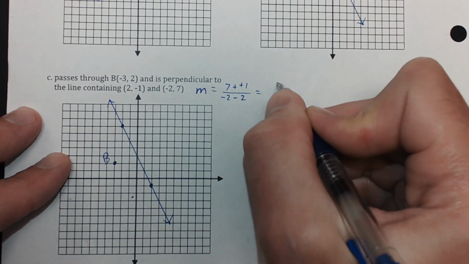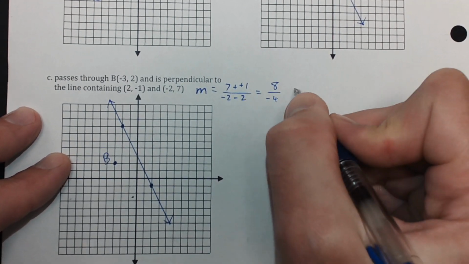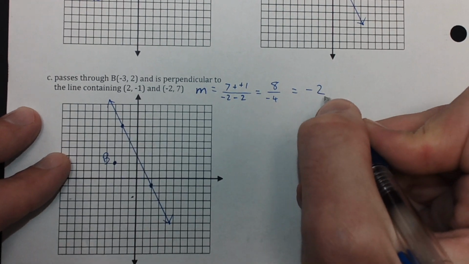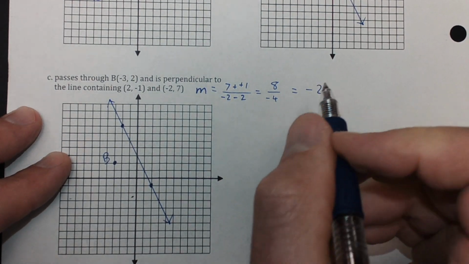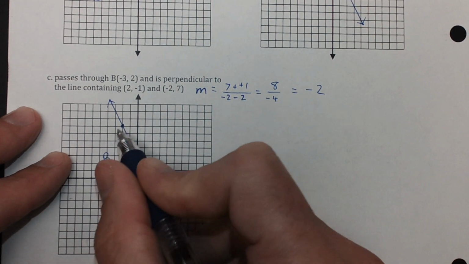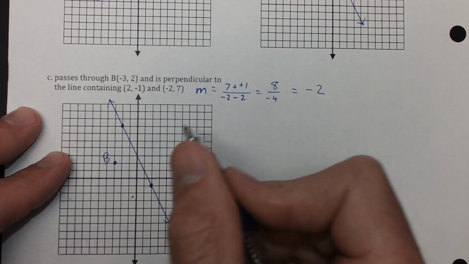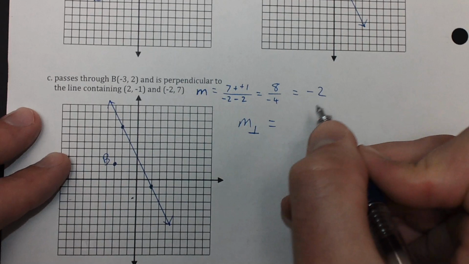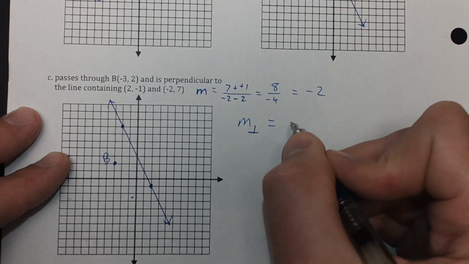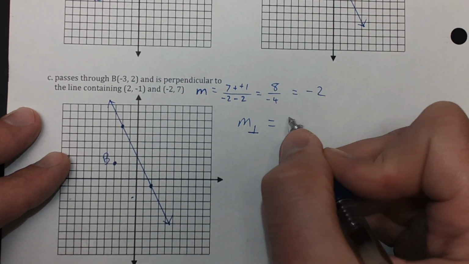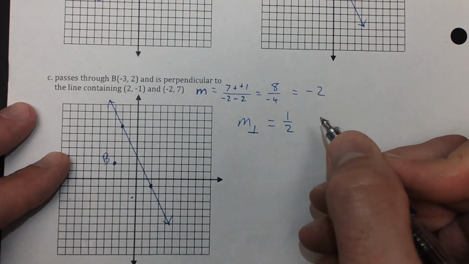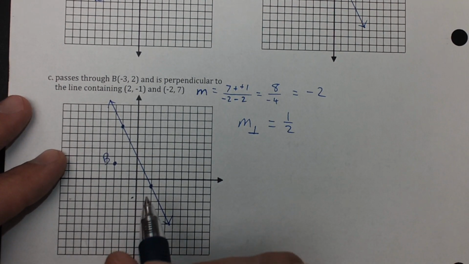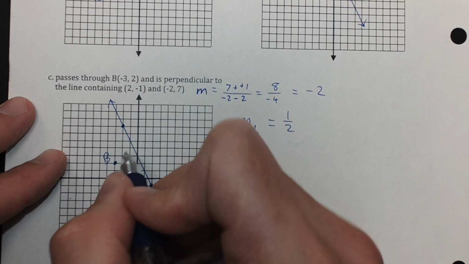So that is equal to 8 over -4, which is equal to -2. And the slope of the perpendicular going through point B would be the opposite sign, so positive, and then the reciprocal of 2 is 1/2. This is the slope we need to use for this new line.